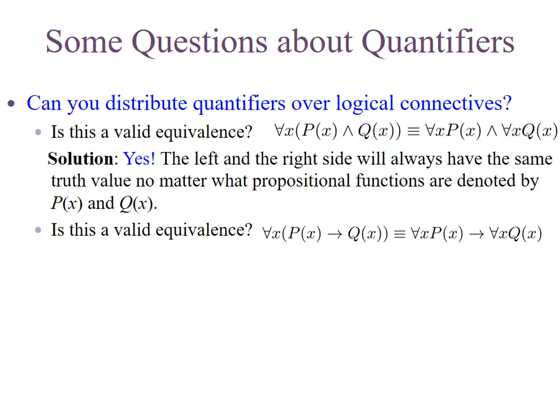If these four elements have P of x true, then these four elements have Q of x true. Okay, that's the Venn diagram of the left-hand side. What's the Venn diagram of the right-hand side? One extra point if you draw the Venn diagram correctly.